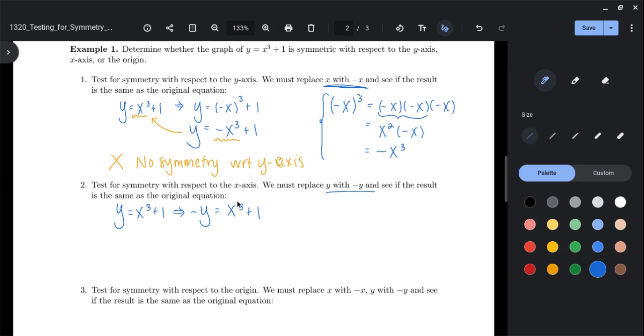The only way that I have hope of even getting my original equation back is I need a positive y. And so to undo this negative, I need to multiply both sides of my equation by negative 1. So let me show that multiplication here.